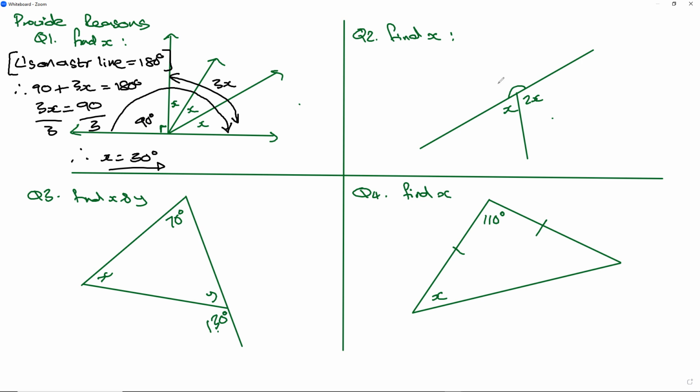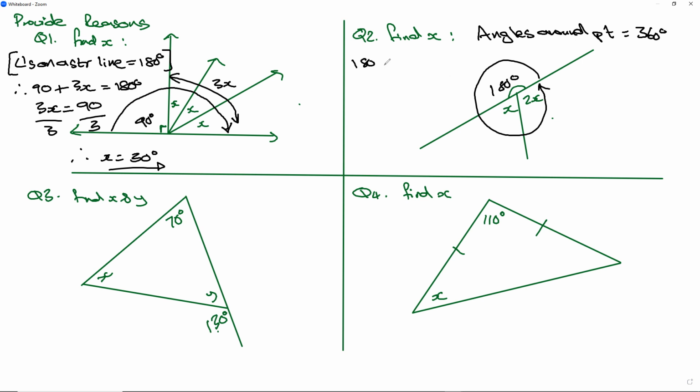Question 2, we've got 180 degrees on this side as well, because it's a straight line. And we've got 180 degrees on this side. If I add all of it up, it's going to be angles around the point. And angles around a point equals 360 degrees.